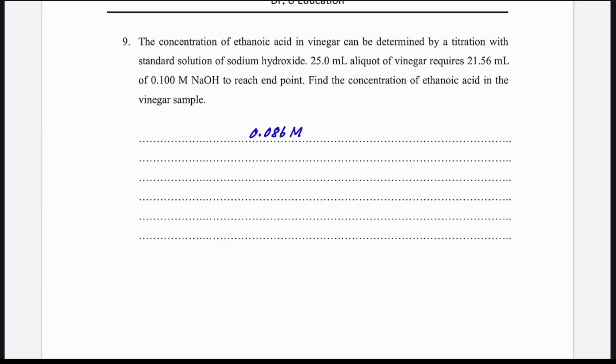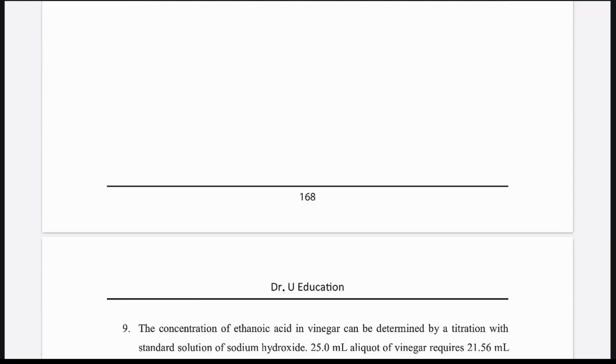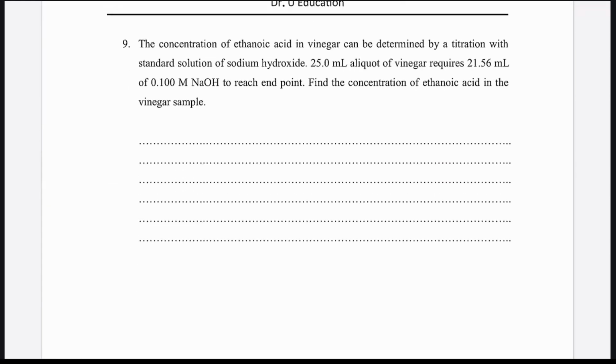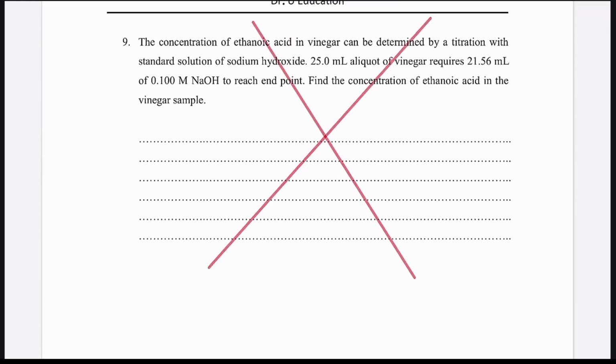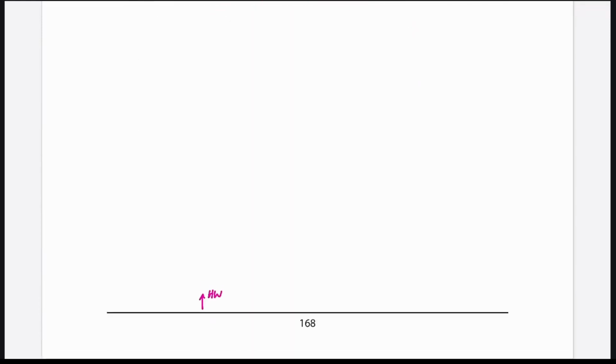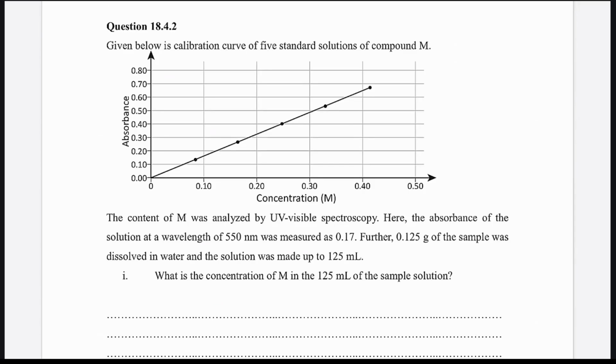It's very similar to what we did before. This is the same question repeated. Given below is a calibration curve of 5 standard solutions of compound M. What is a standard solution? It's a known substance with a known concentration.